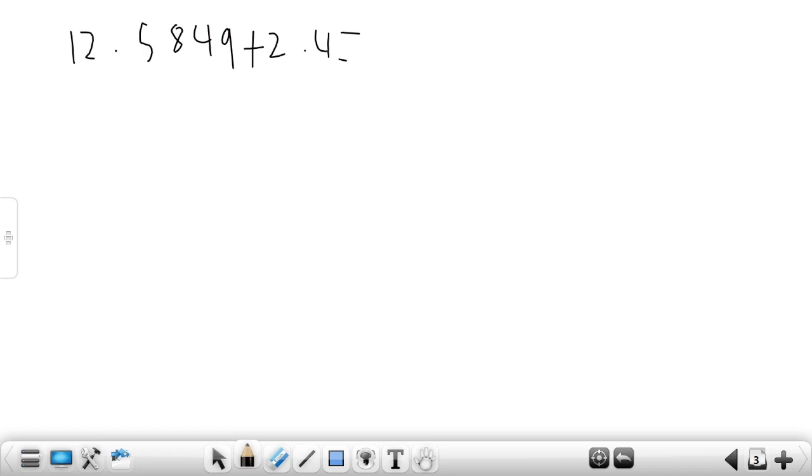So if we were to add these together, we'd get almost 15. It would be like, let me think, 13.9849. I'm not going to use a calculator here until we get to the more complex problems.